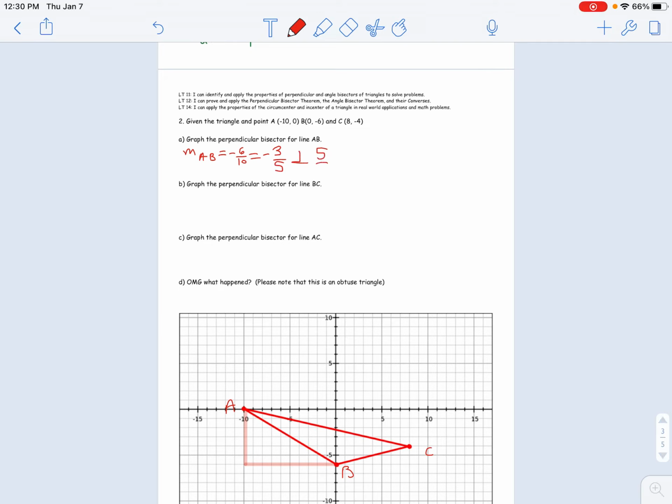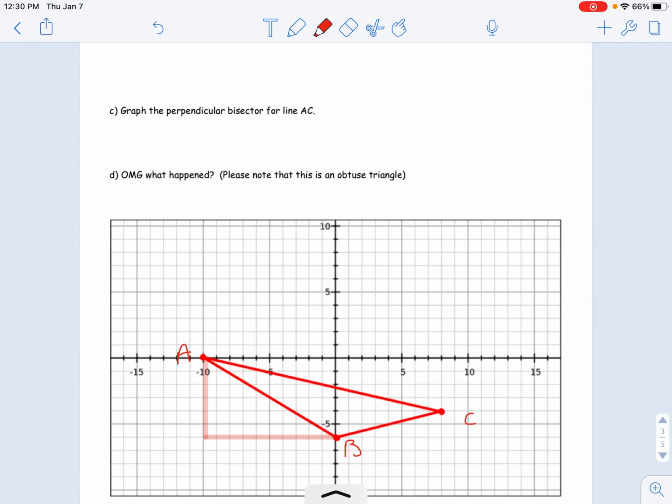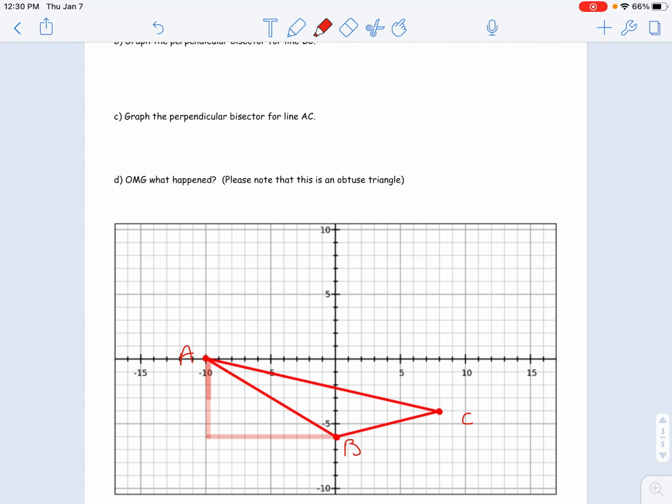So my perpendicular slope to 3/5 will be 5/3. Change the sign so it's positive now and flip. And then again, I went down 6 over 10. So to find the midpoint, I'm going to go down 3 over 5. Boom, that's the midpoint right there.